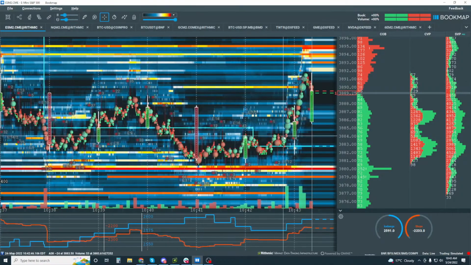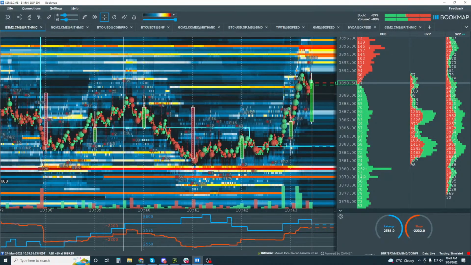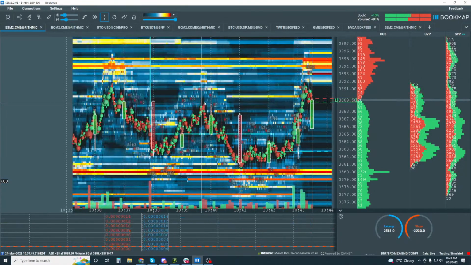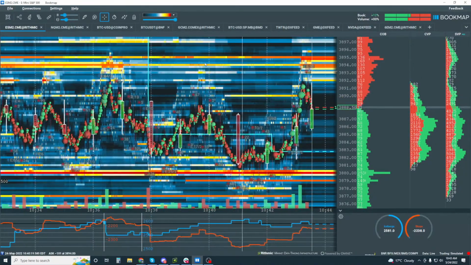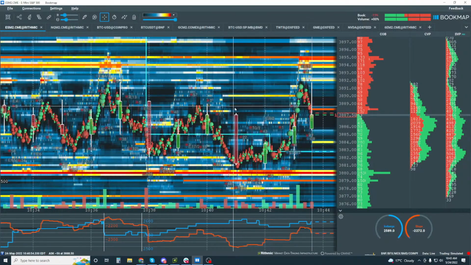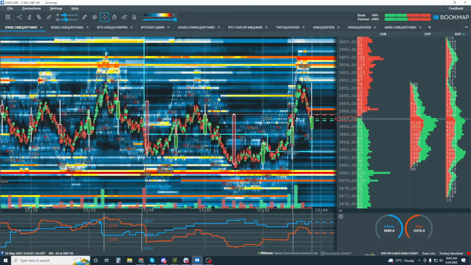Buyers came back in above here, and now they traded back up into some of these wicks in previous highs up here. So what we've seen is more of our secondary scenario playing out the last 2 or 3 or 4 times.